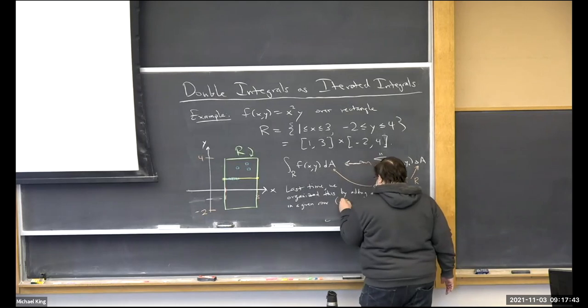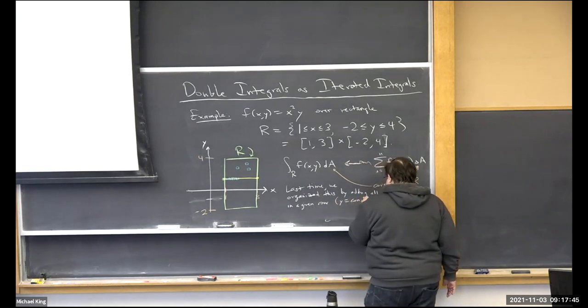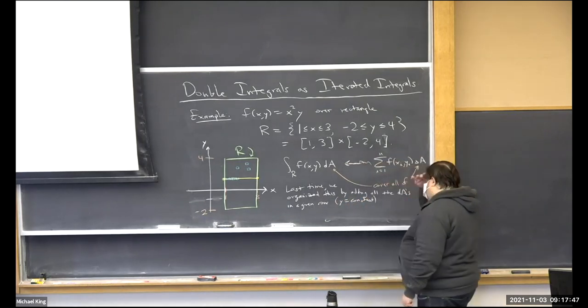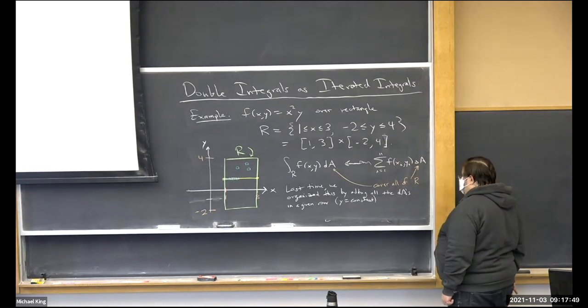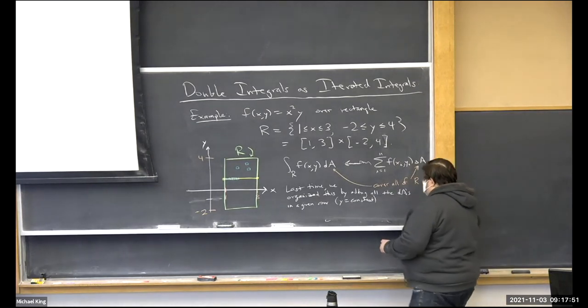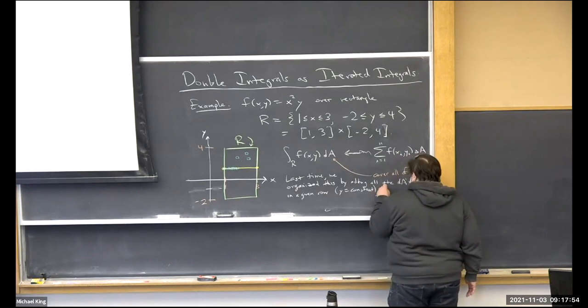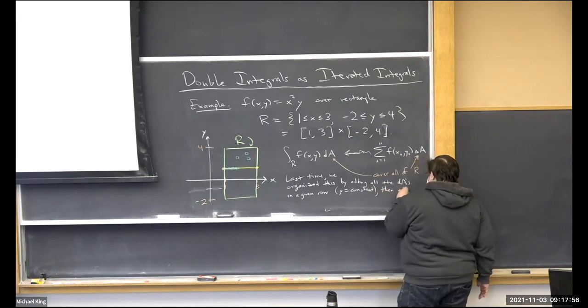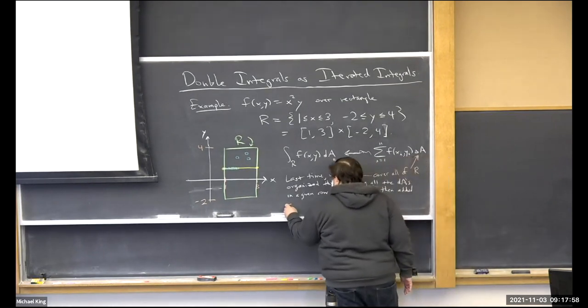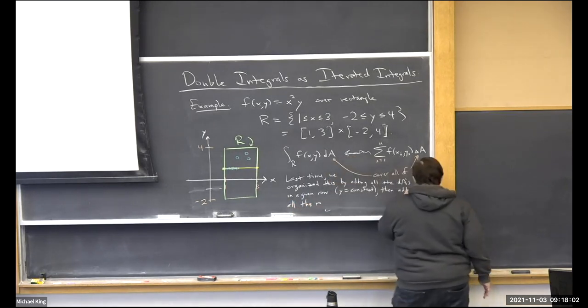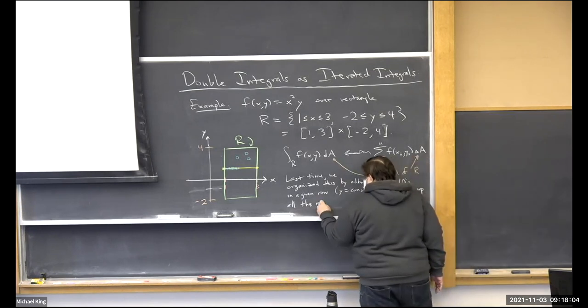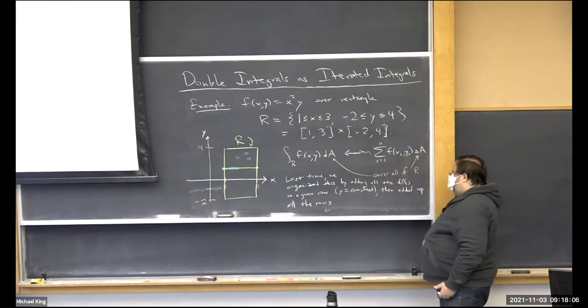So that's y equals constant. And then we added all the rows. And added up all the rows. So in a Riemann sum, that would literally be addition.